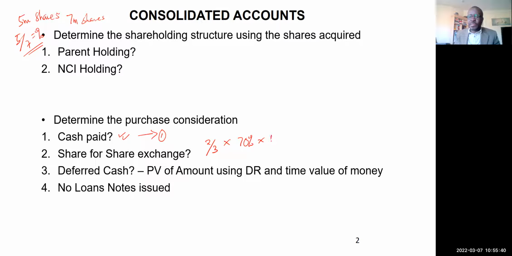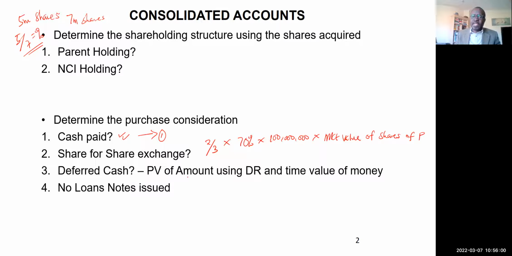So if I assume it is 100 million shares, then you multiply it by the market value of the shares of the parent. This will give you the share exchange.